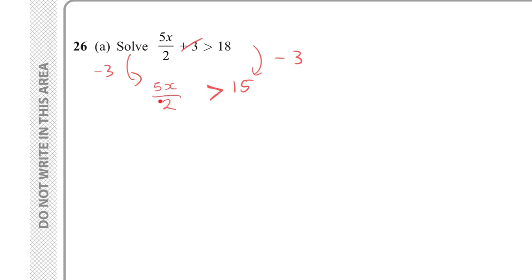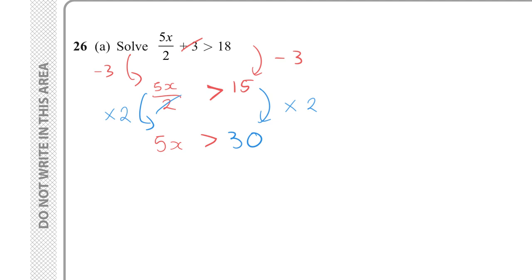It just doesn't need to be there. So to get rid of a divide, we do the opposite. The opposite of divide is times. Double it. Okay, 5x, and then the sign, then double it, and you get 30. So we pop that in there.